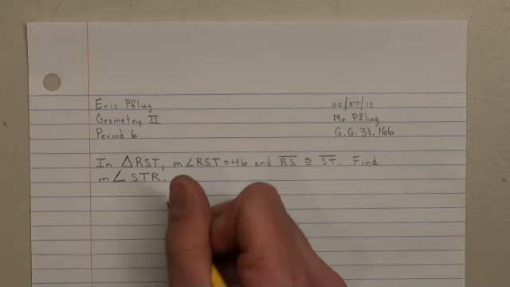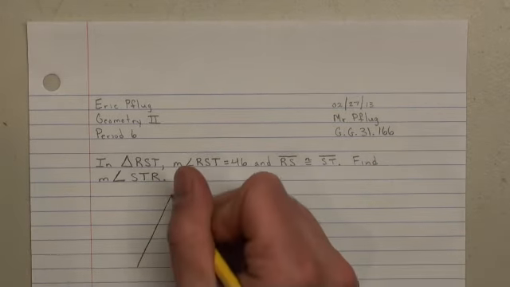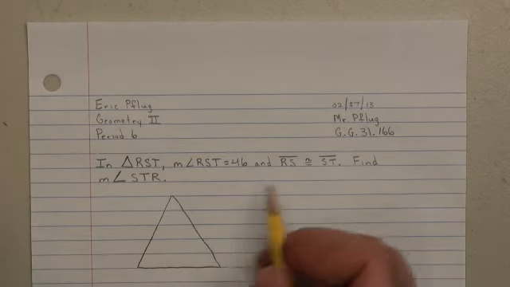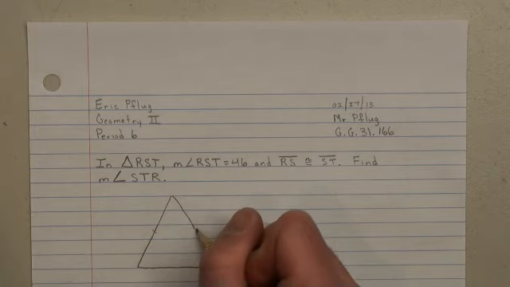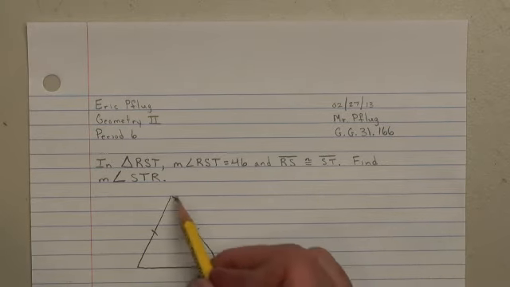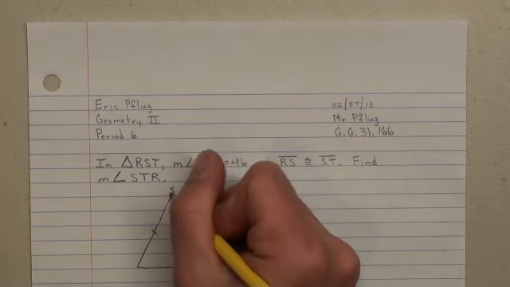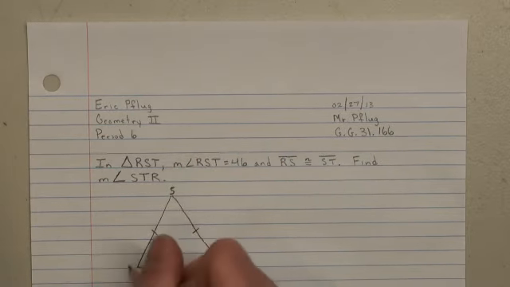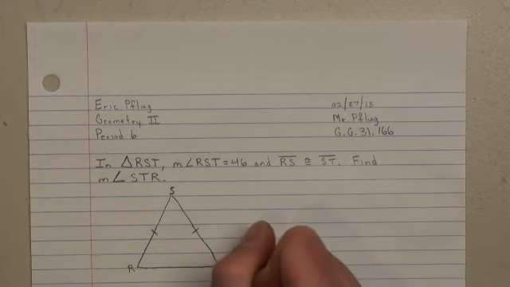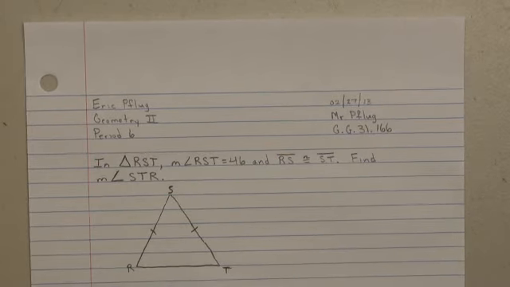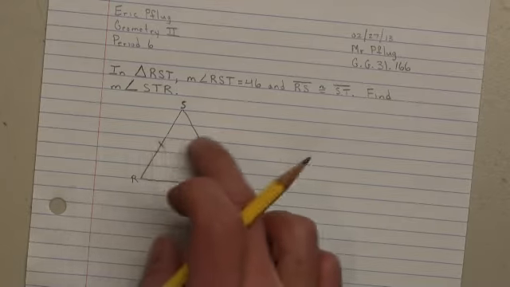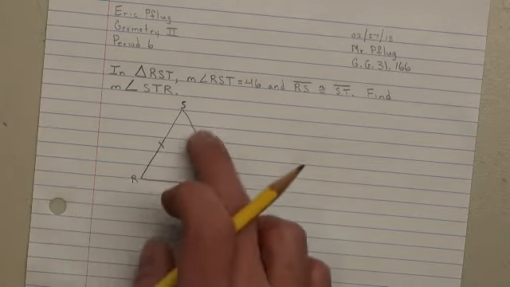So we draw an isosceles triangle looking thing. And we want these to be the congruent sides. So it's RS and ST have to be congruent. So S is going to be up here. That way I have RS and ST. I mean, it doesn't have to be this way, but you want to always draw your isosceles triangles with the two congruent sides here, not on the bottom.